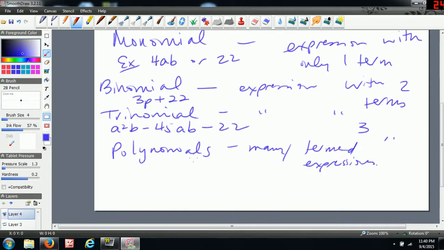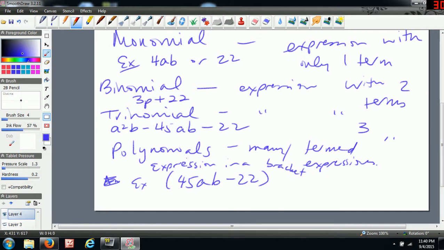Okay. Now, if you have an expression within a bracket, so for example, when you have something like 45ab minus 22 in a bracket, this is considered one term.